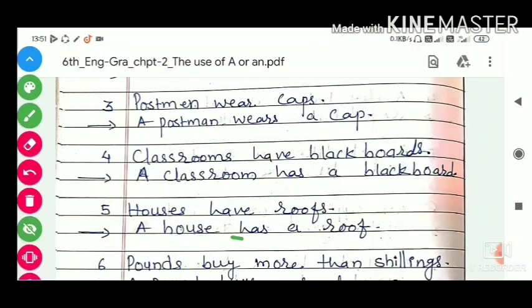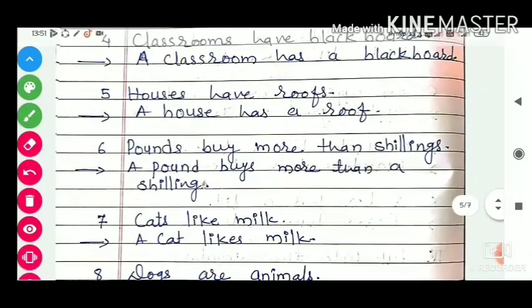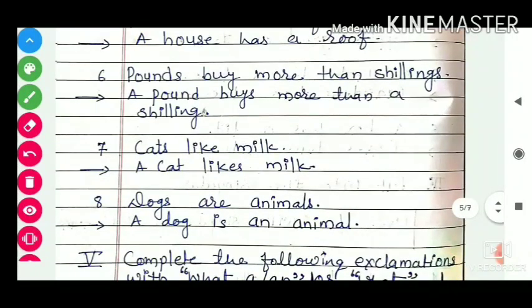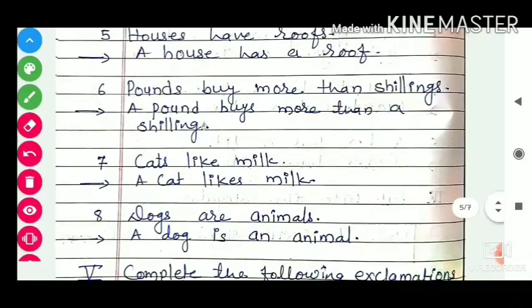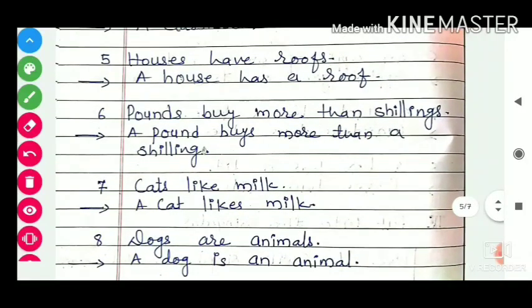A house has a roof. Pounds buy more than shillings. A pound buys more than a shilling. Cats like milk. A cat likes milk. Dogs are animals. A dog is an animal.